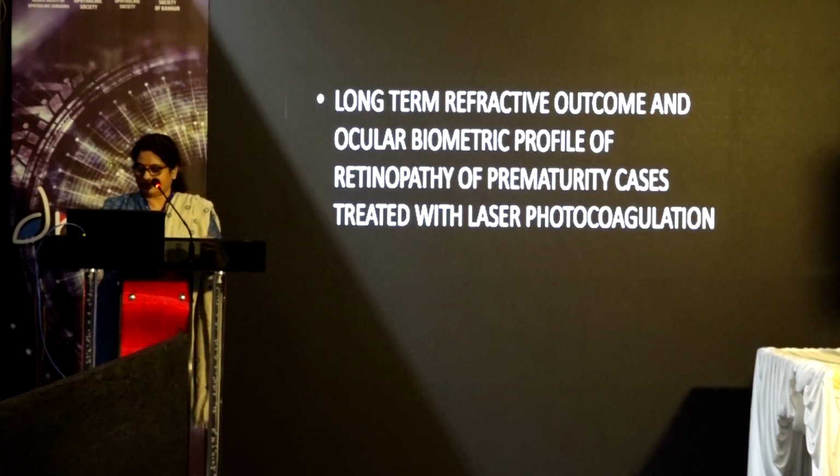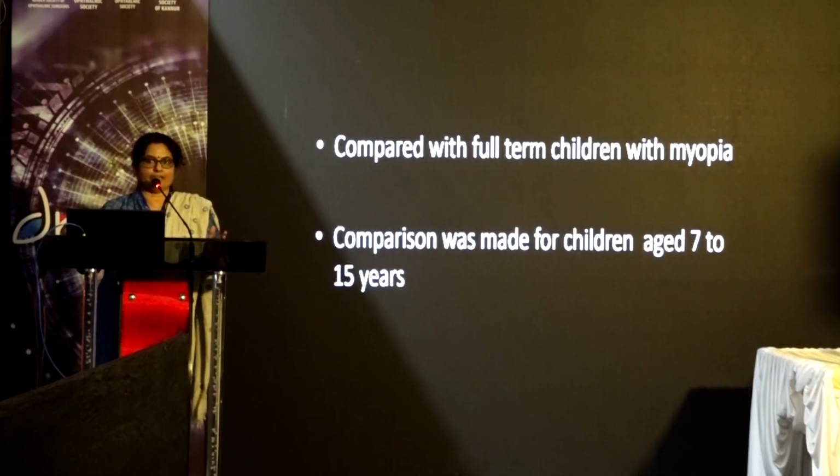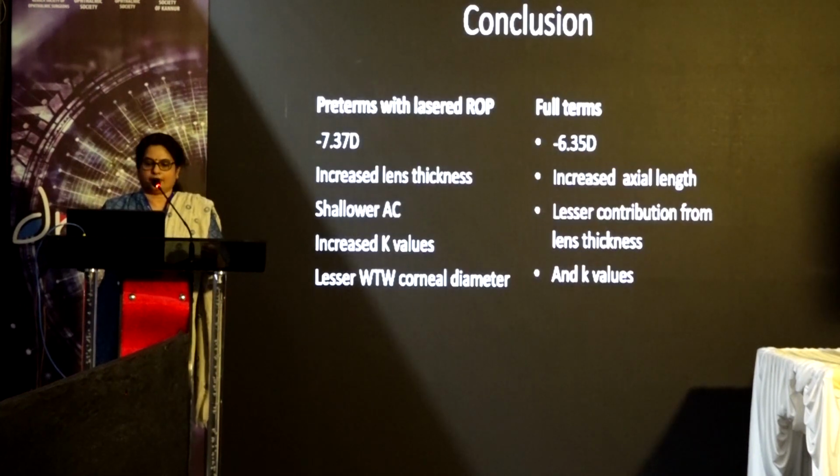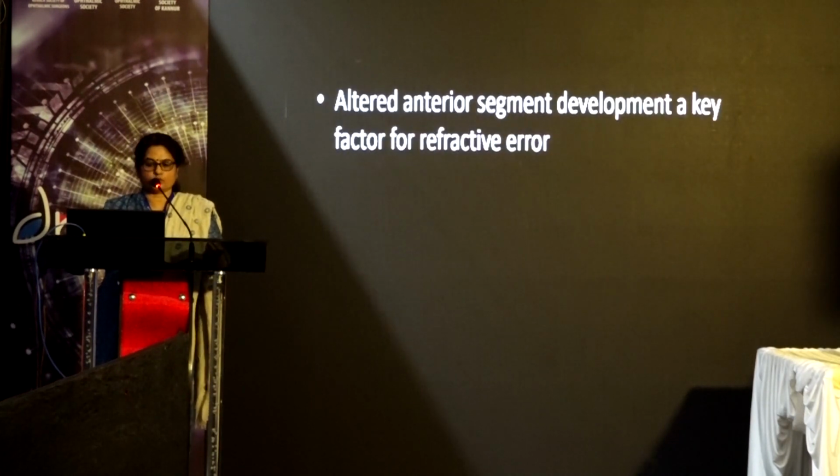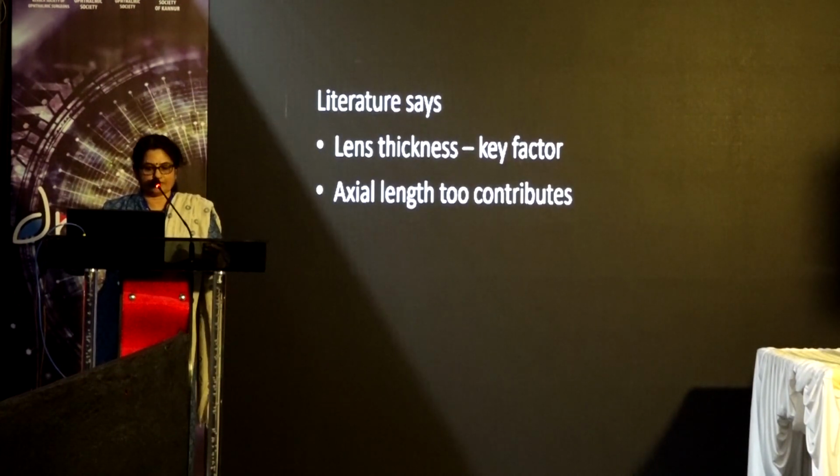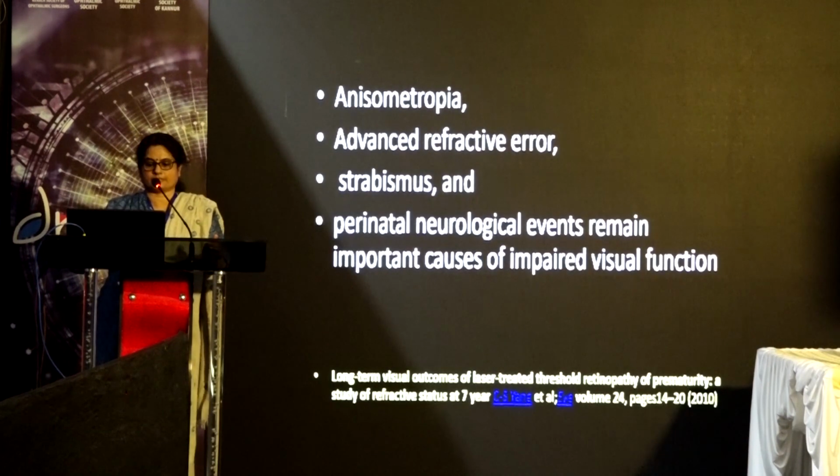We compared children at the age of 7 to 15 years, and we saw that the preterms with lasered ROP had increased lens thickness, shallower AC, and a lesser white-to-white corneal diameter in comparison to the full terms, where we saw more of the axial length was the reason for the high myopia. So literature also mentions, and we feel, that altered anterior segment development is a key factor for the refractive errors, and the literature also says lens thickness is a key factor, but axial length too contributes.